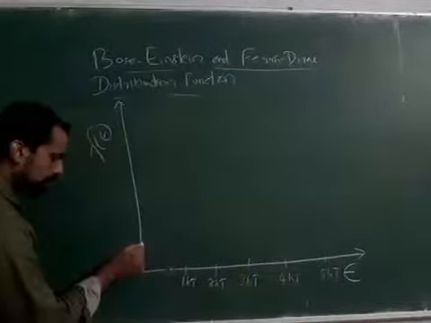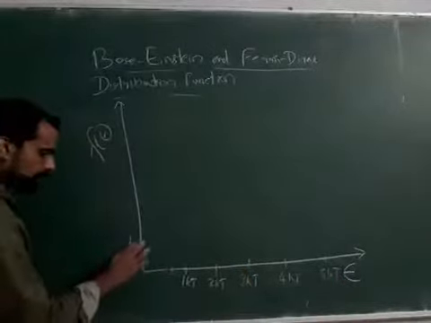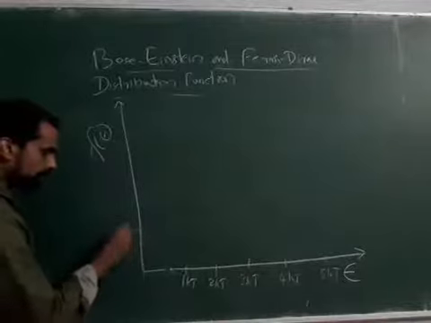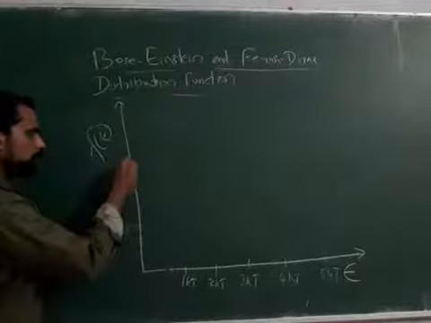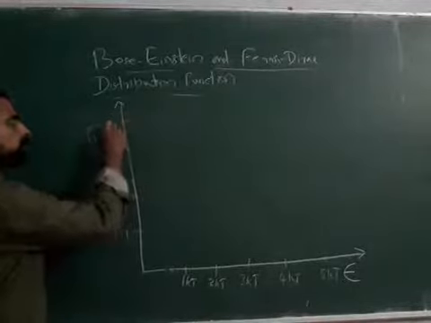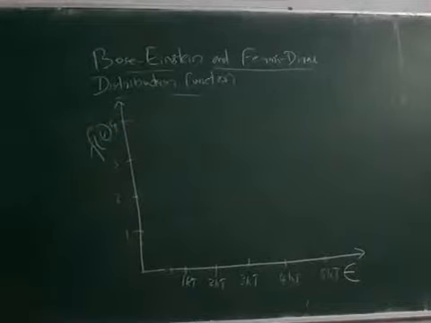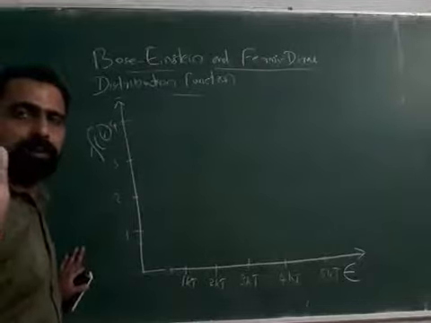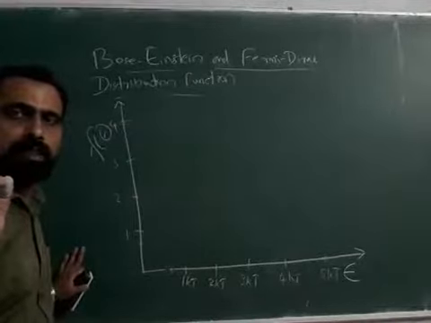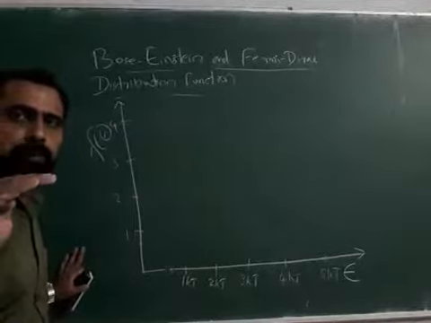Here you have 1, 2, 3, 4, like that. So one thing is clear for you: for the Fermi-Dirac distribution function, the maximum value, the maximum probability, is 1.